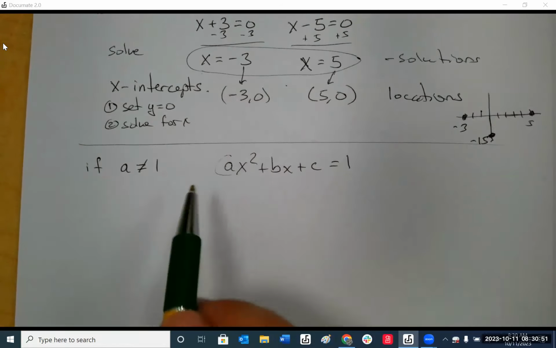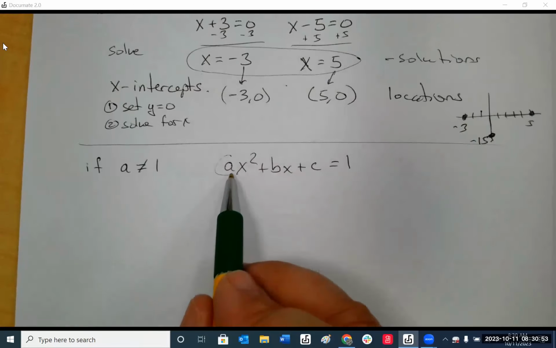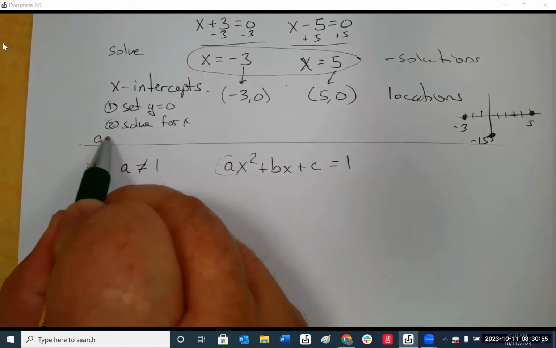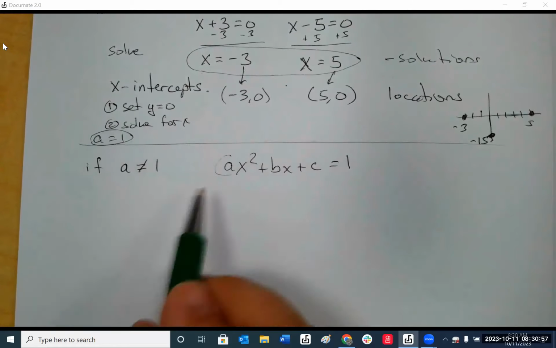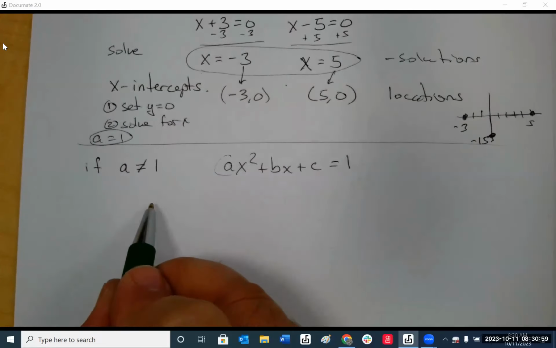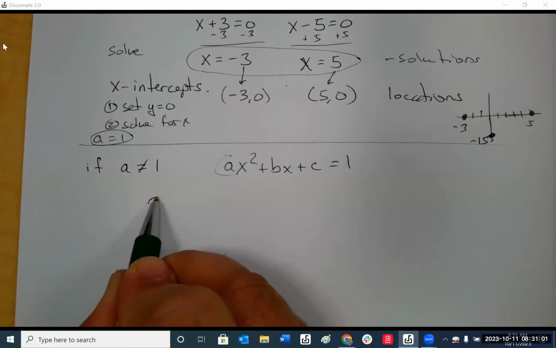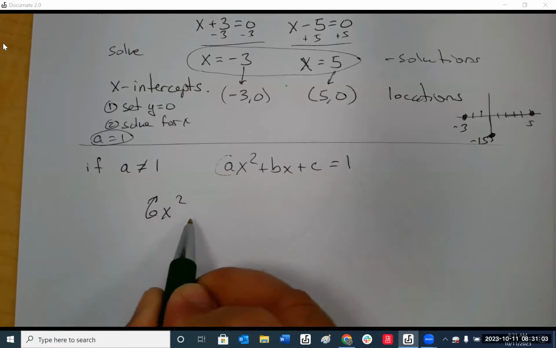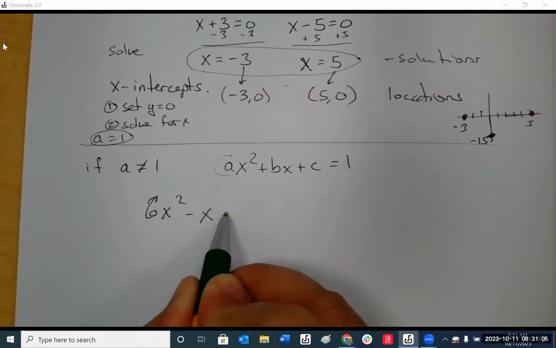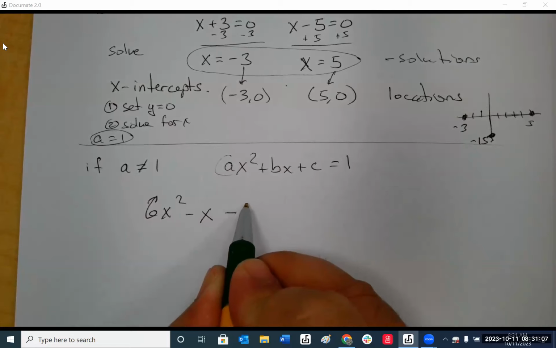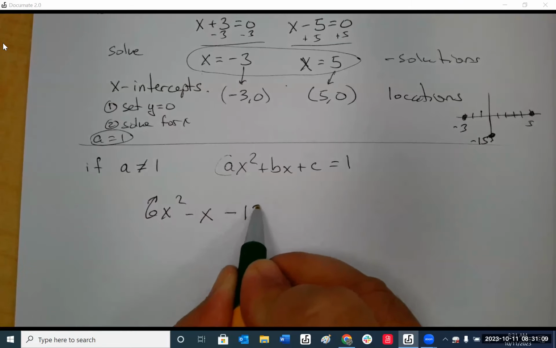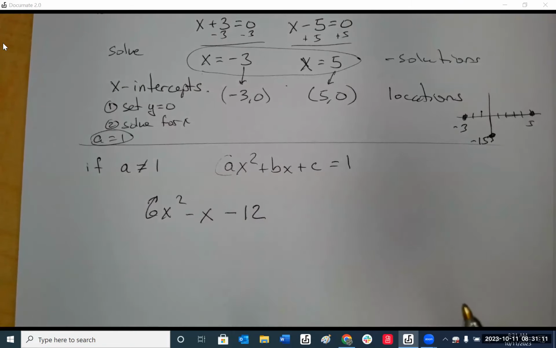Remember, the above examples were when a equals 1. But now, if it's not equal to 1, let's say we had 6x squared minus x minus 12. Set it equal to 0.